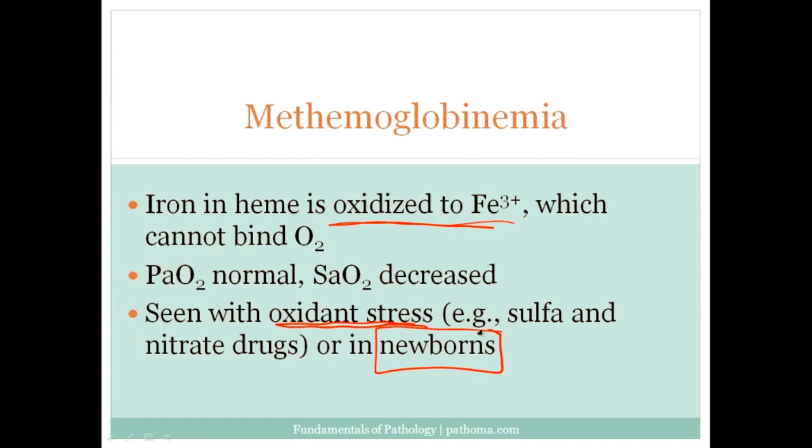And so physiologically, we actually have enzymes that participate in creating the mediators necessary to reduce iron back to its 2+ state. Now, newborns, their machinery to be able to do this is a little bit immature. And so newborns are particularly susceptible to the development of methemoglobinemia.